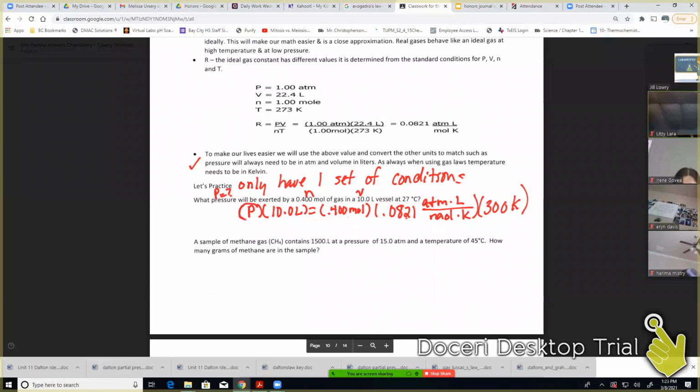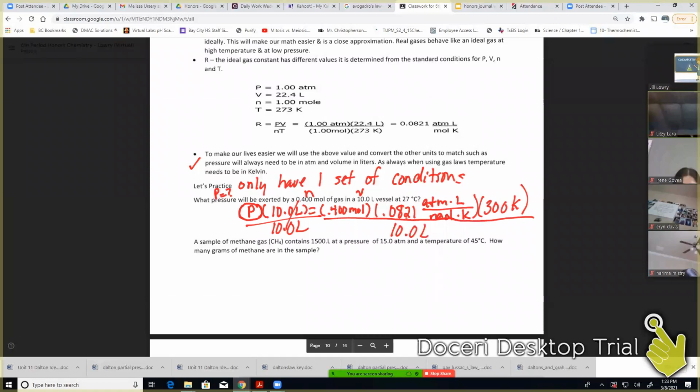All right, so I need to solve for my P, so I'm going to divide each side by what? If I need my P by itself, 10 liters. 10 liters is all of this.